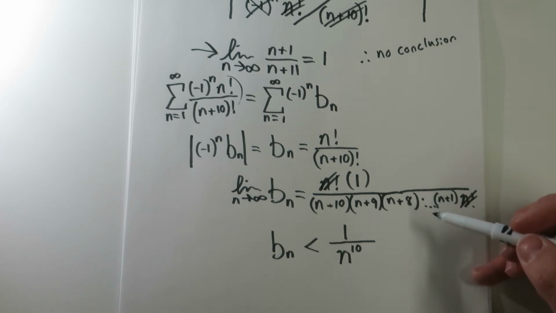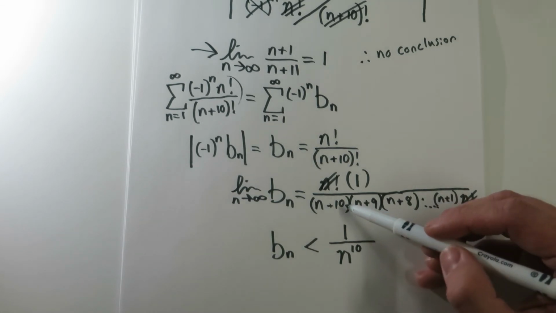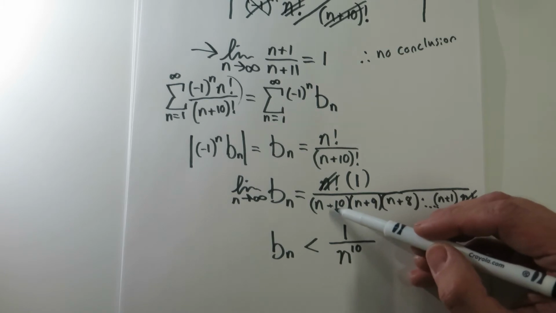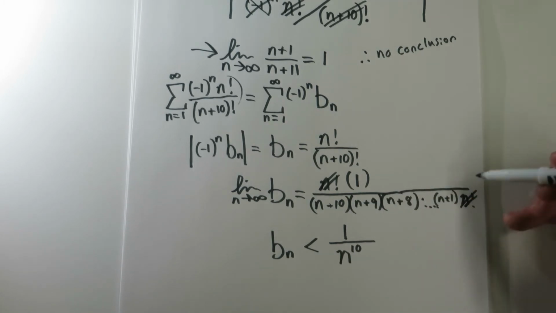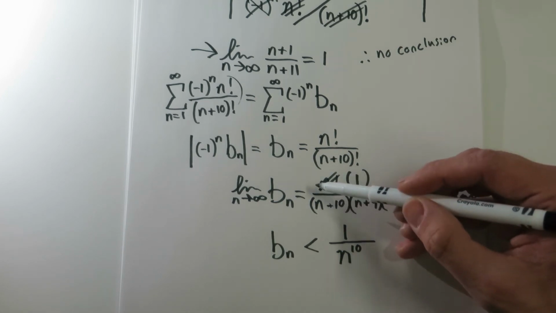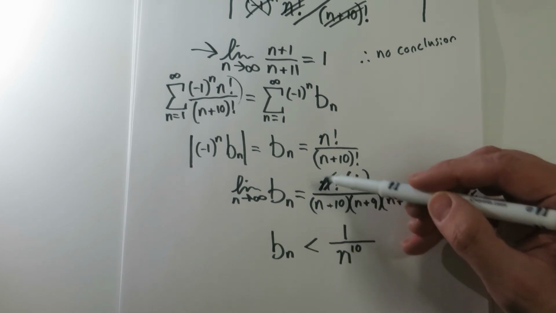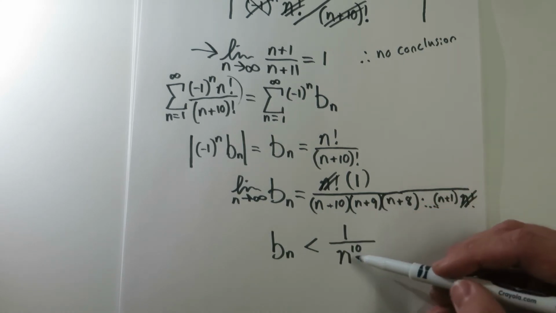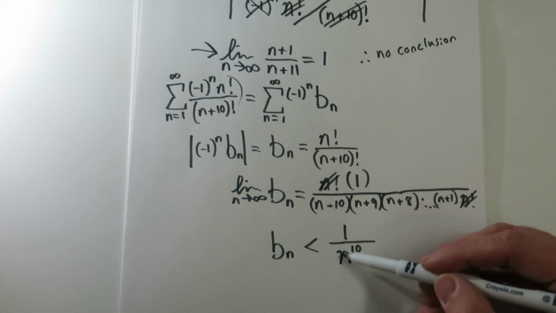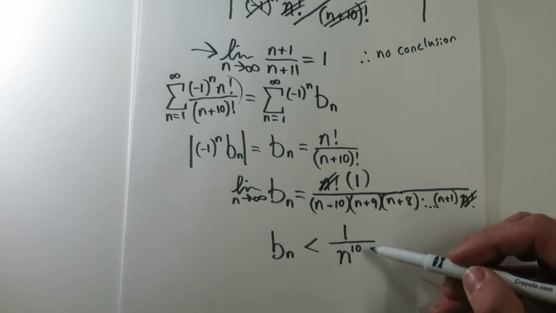And because this denominator here is going up, the whole fraction is going down in value. So this b sub n is going to be less than if we just had 1 over n to the 10th power.